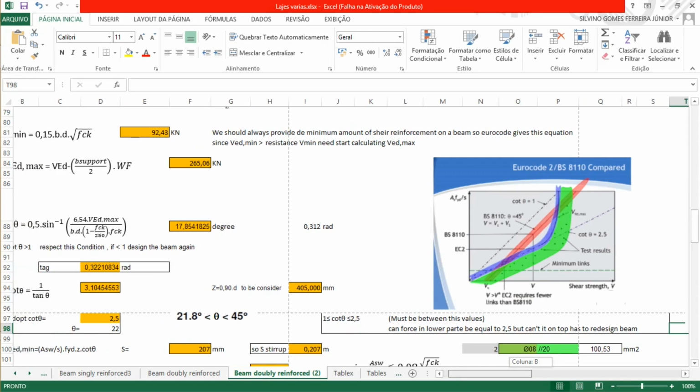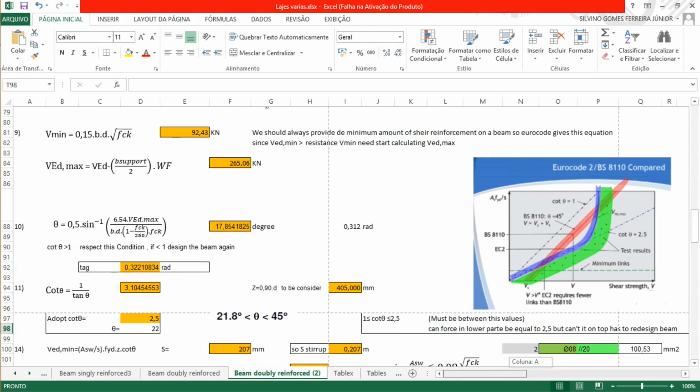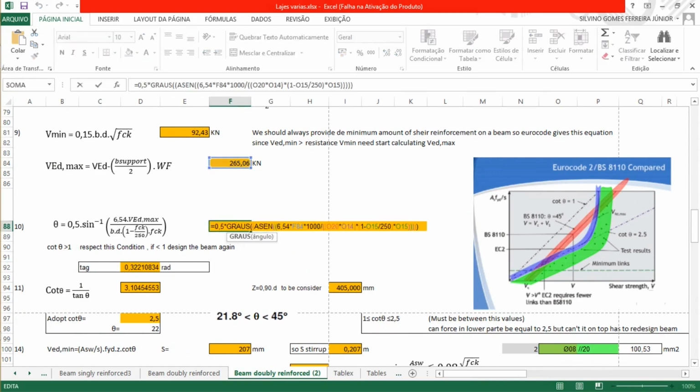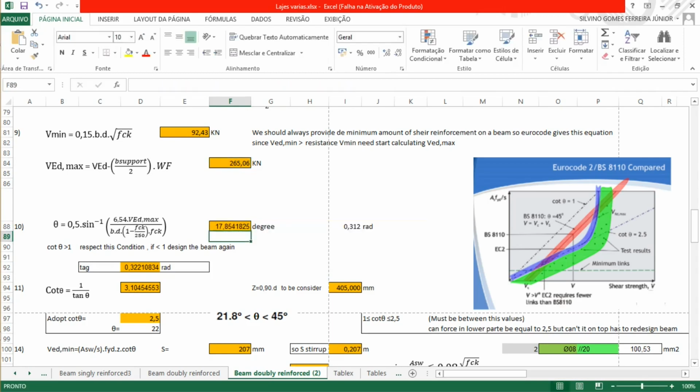It is 22. So what happens here? If we replace all these values in this expression in degrees, we have 70 degrees. What is less than the 22 that we are limited by the Eurocode? So the theta should be within this range. So we have to adopt theta equal to 22.